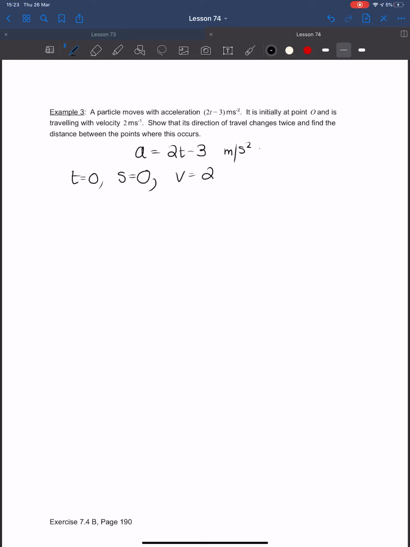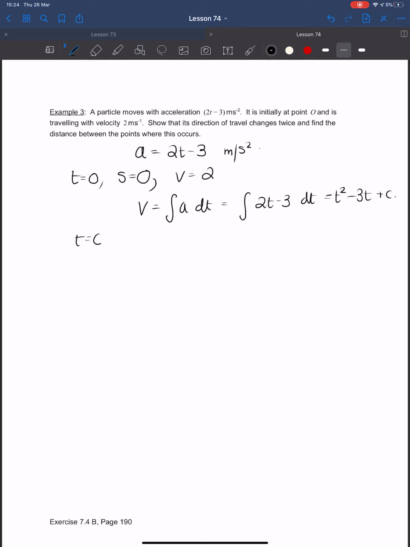Okay, so what we've got to do here, we can start by saying find the velocity. Velocity is the integral of acceleration, which is the integral of 2t minus 3 dt, which is t squared minus 3t plus c.